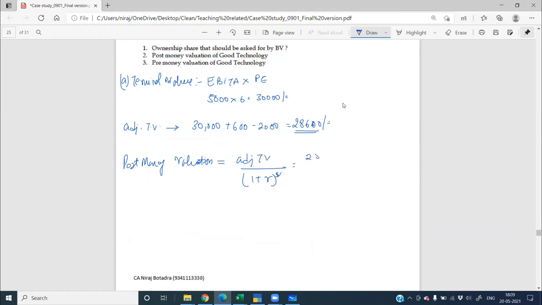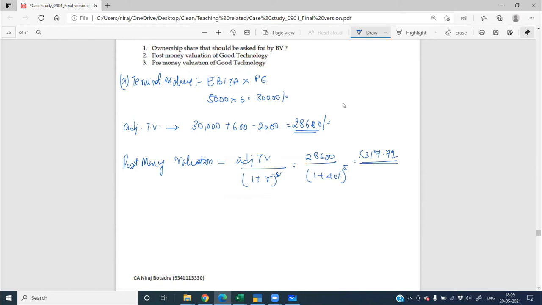So this will be 28,600 divided by 1 plus 40% raised to the power 5. If I solve this, it will come as 5317.72. So this is my post money valuation.